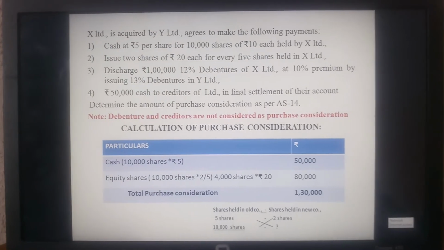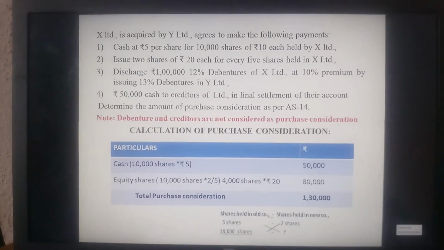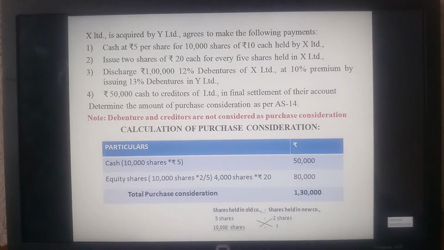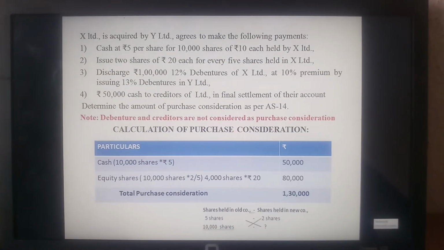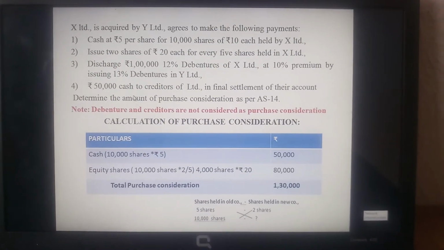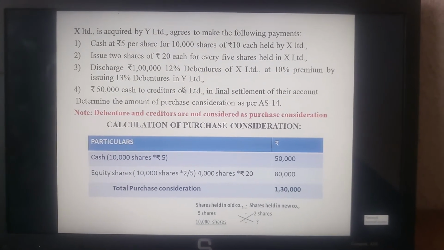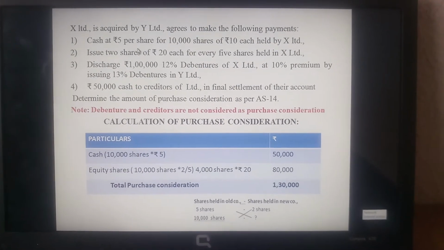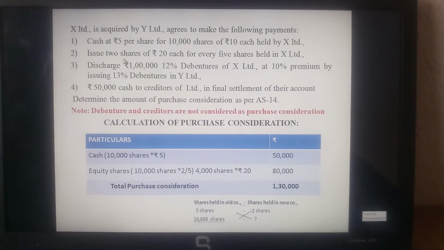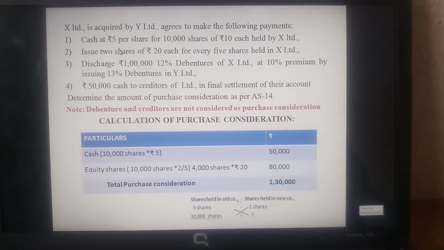So we take only the mode of payment as the purchase consideration. So the payments of debenture as well as creditor, we forget. We take only these two payments, cash as well as the issue of shares, as the purchase consideration.